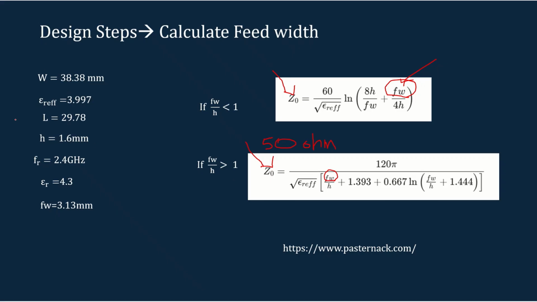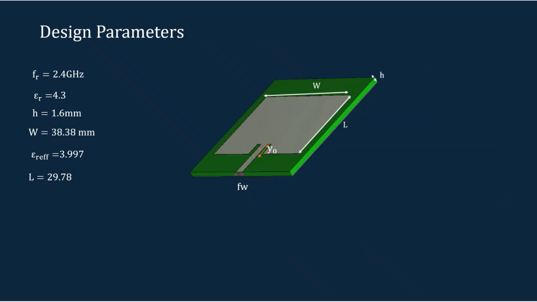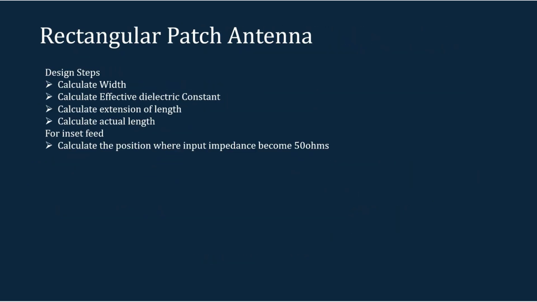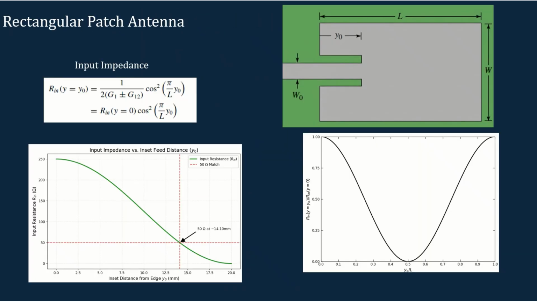So we have calculated almost all the important parameters. The one thing we are missing now is the inset feed length. We have seen in our previous video that if you know the impedance at this point, this y0 can be calculated using this equation.